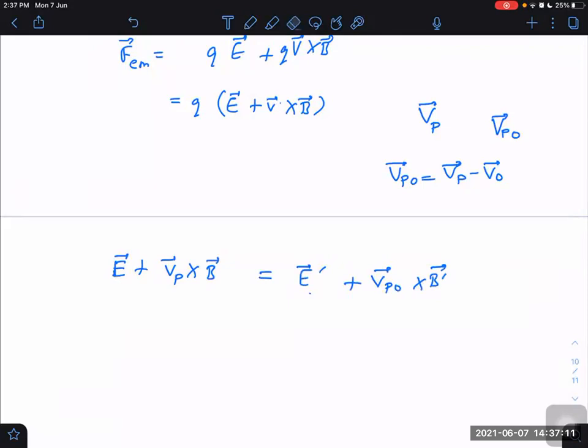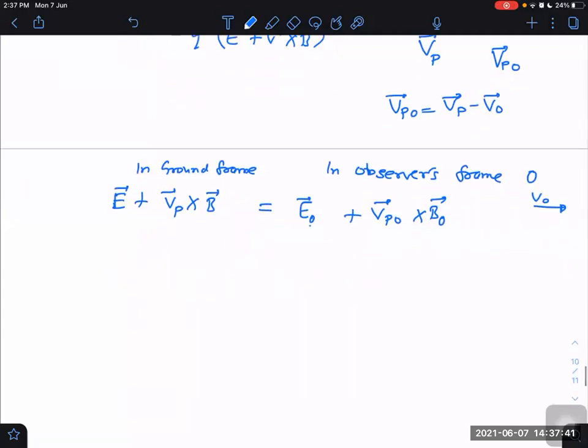Or rather than saying dash, let us call it the electric field in the O frame and the magnetic field in the O frame. E plus VP cross B is in the ground frame, and this is in the observer's frame, who is having velocity VO. These will be equal.